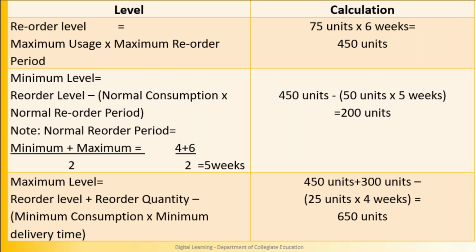Reorder level we have calculated in step 1, 450 units, plus reorder quantity is given in the problem, 300 units, minus minimum consumption is given in the problem, 25 units into minimum delivery time is also given to be 4 weeks. When you substitute the values to the formula, you get the maximum stock level to be 650 units.